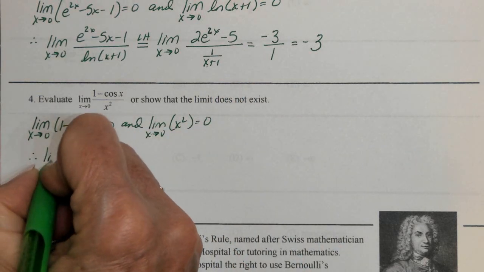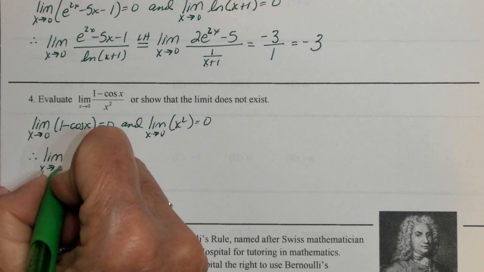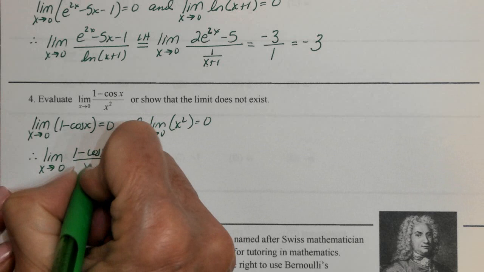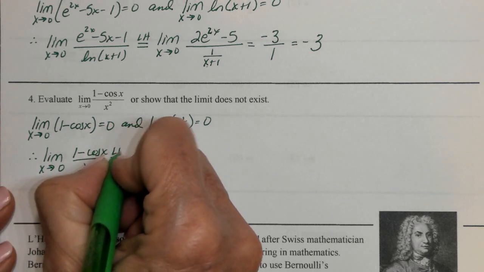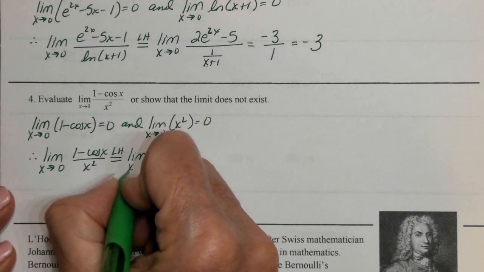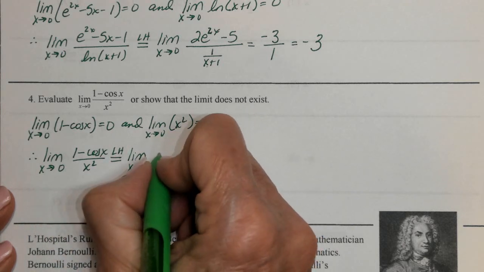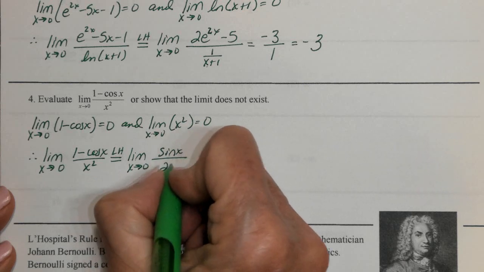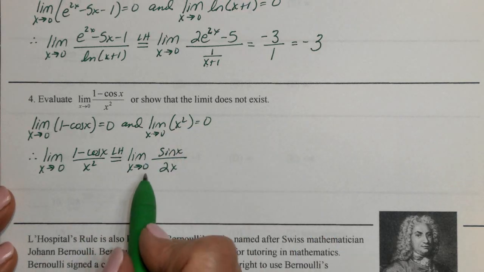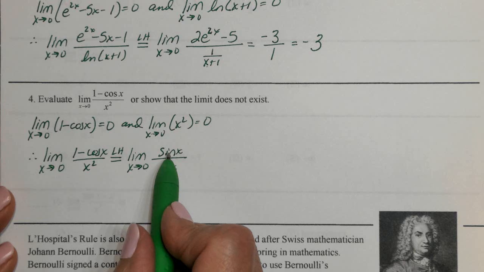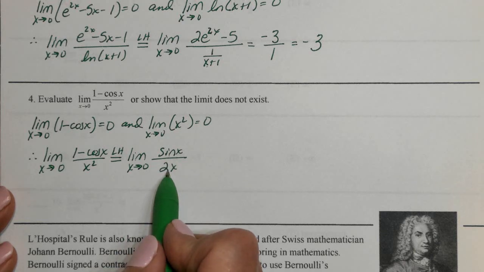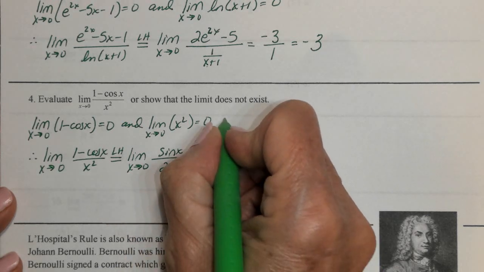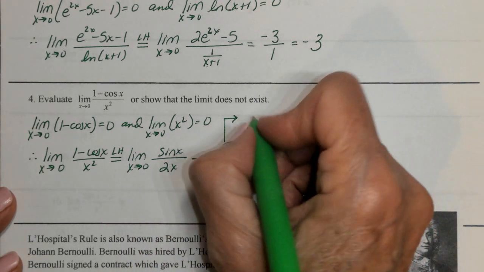So the limit as x approaches 0 of 1 minus cosine x over x squared is equal to, applying L'Hopital's, the limit as x approaches 0 of positive sine x divided by 2x. What happens if we put in 0? Sine of 0 is 0. On the bottom I also have 0. I have 0 over 0 again. So I will apply L'Hopital's rule again.